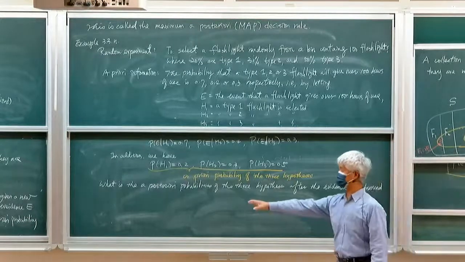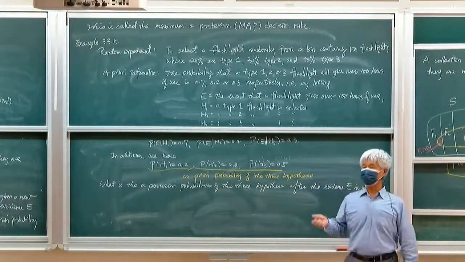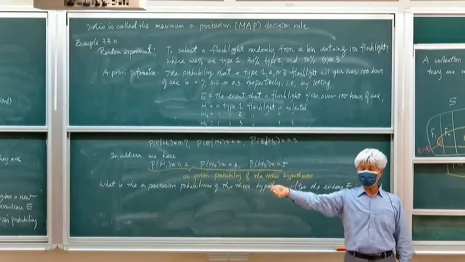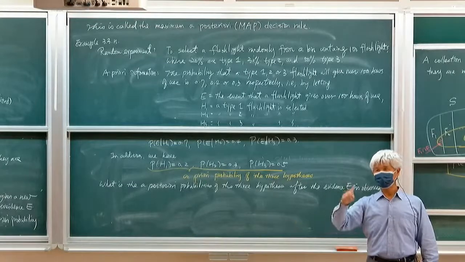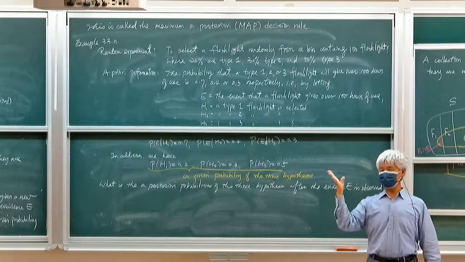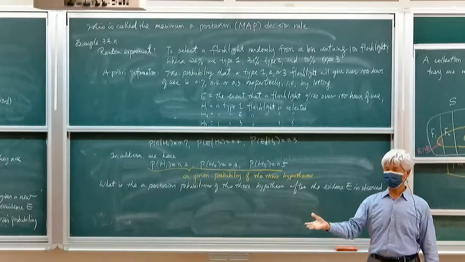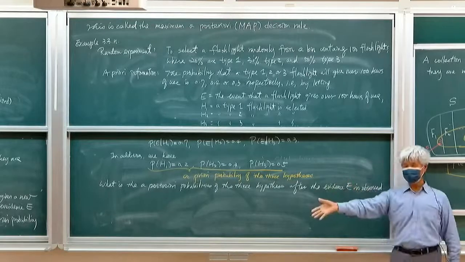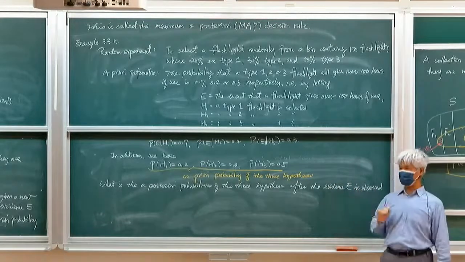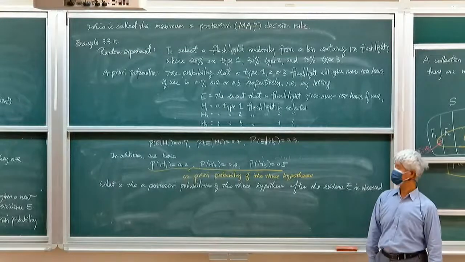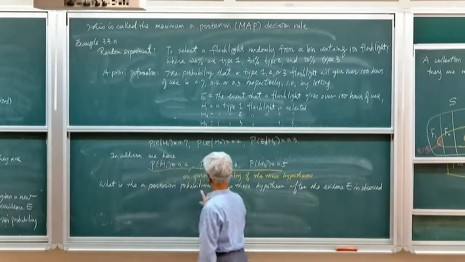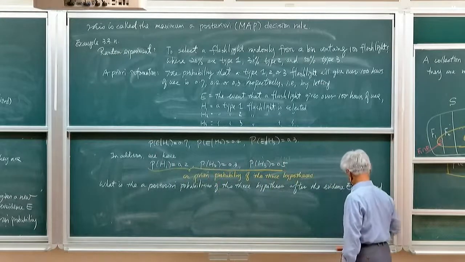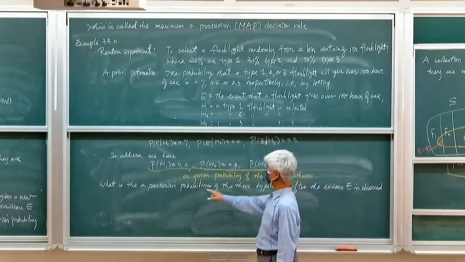You select a flashlight and turn it on. After 100 hours, how many days? 4 days, right? Then you know, okay, it's over. So you have this evidence. So now you will change given this evidence, so what?